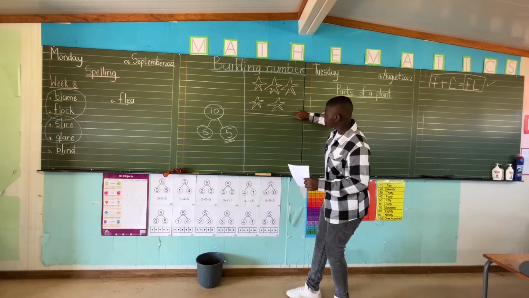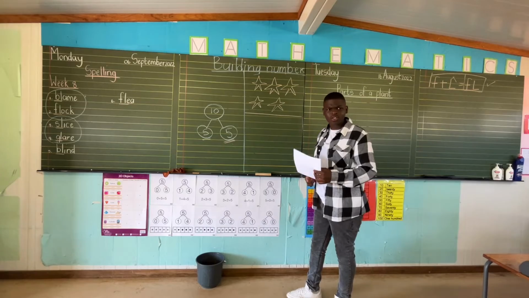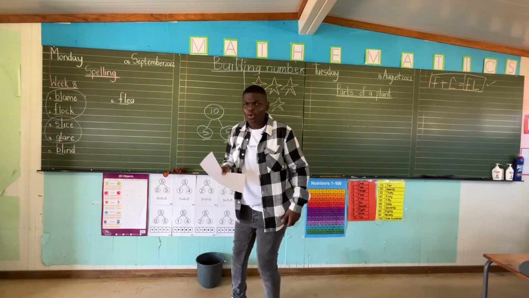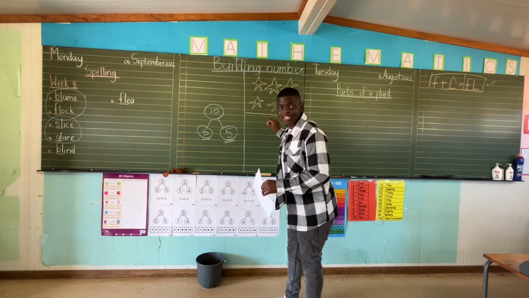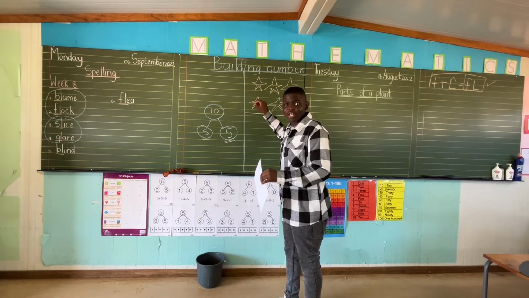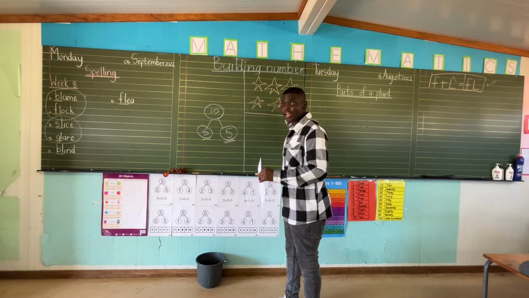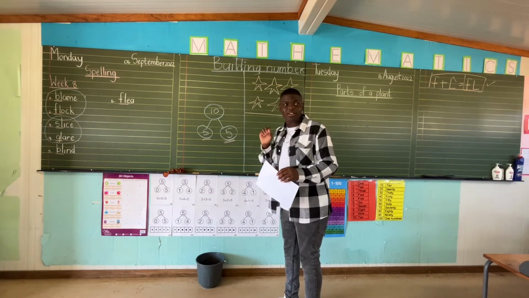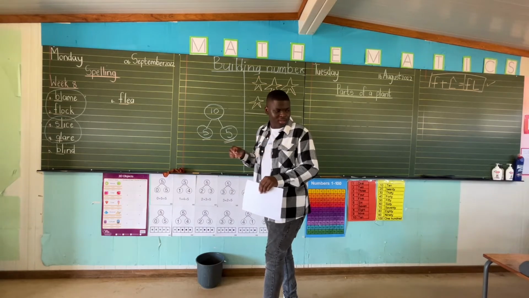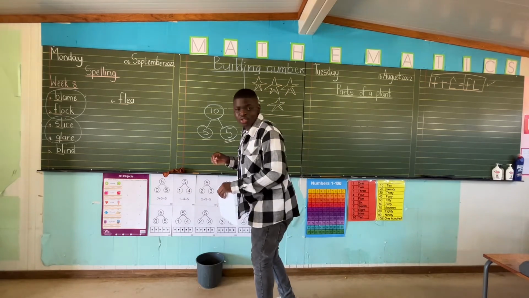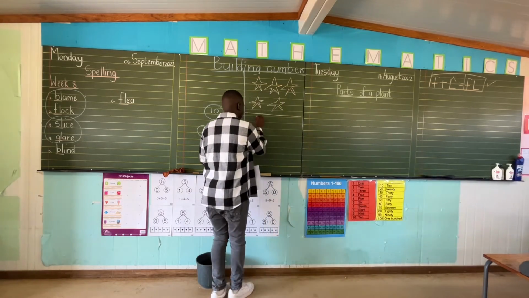When we double them, it means we are going to draw another 5 stars and then count them, to get the total number of stars we have at the end. So let's draw another 5 stars together, or any shape that we drew there. But let's draw another 5 shapes.